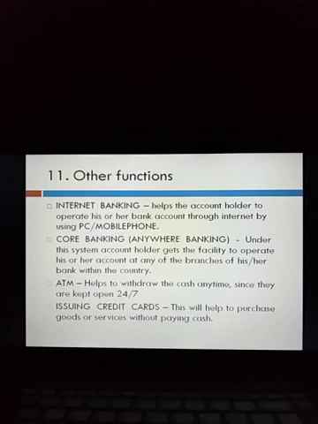Whereas in a credit card, we are borrowing a loan. As the very name says credit, we are borrowing the loan from the bank. Every credit card account holder is given a limit. Up to that limit, he can purchase goods and services without paying cash. But he has to pay that amount along with the interest after the specified time period.